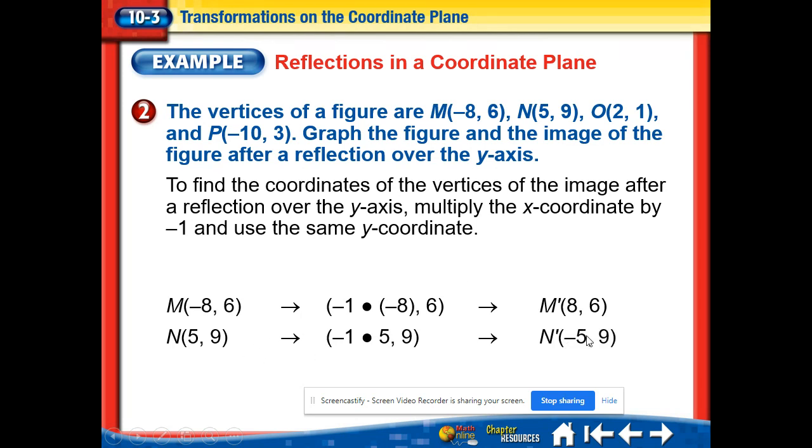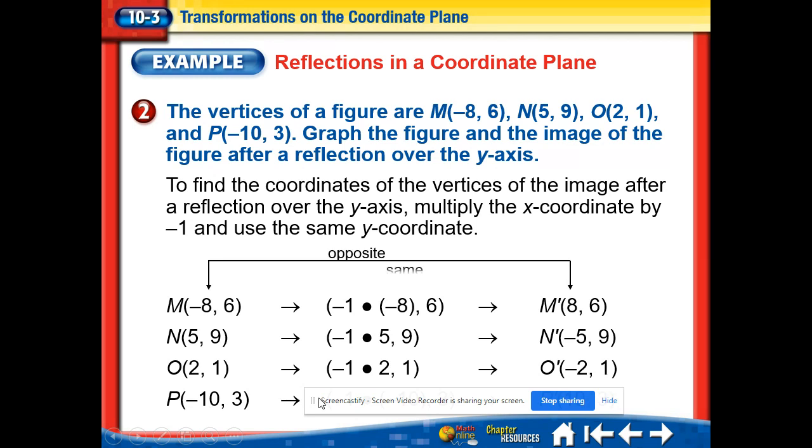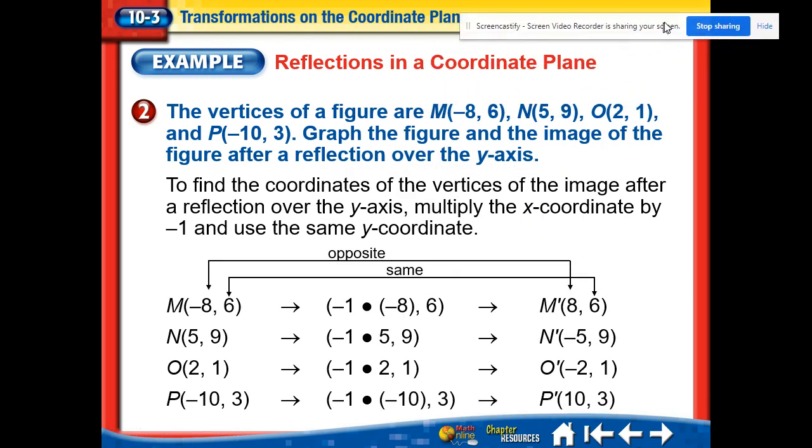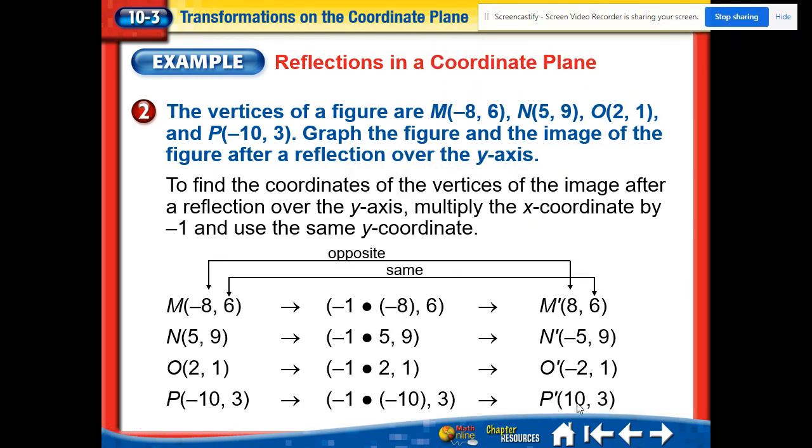Then the 5 becomes -5, the 2 becomes -2, and the -10 becomes +10. All right, so that's our new location. Again, this is what I'm looking for on your homework.